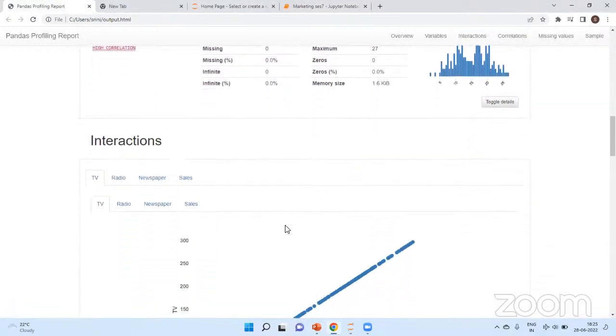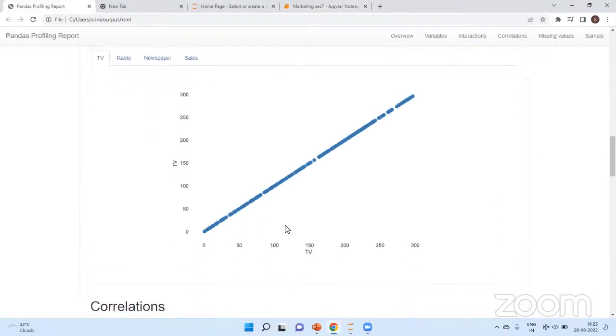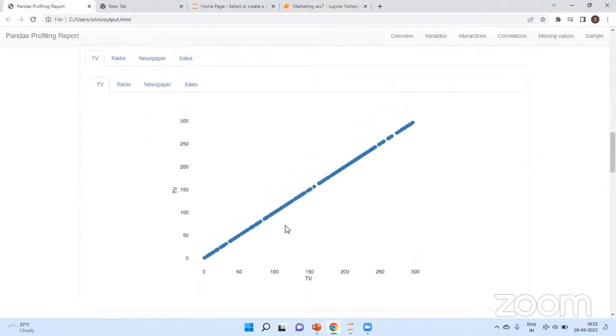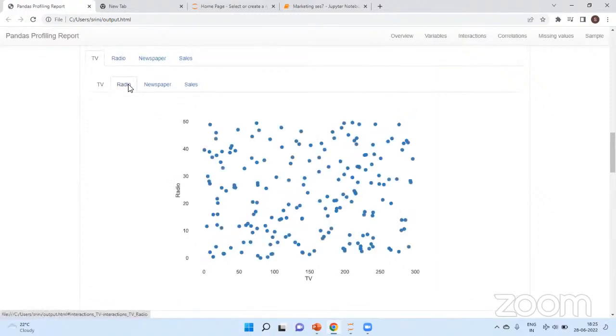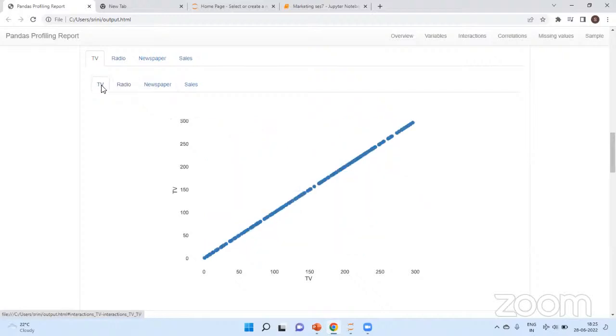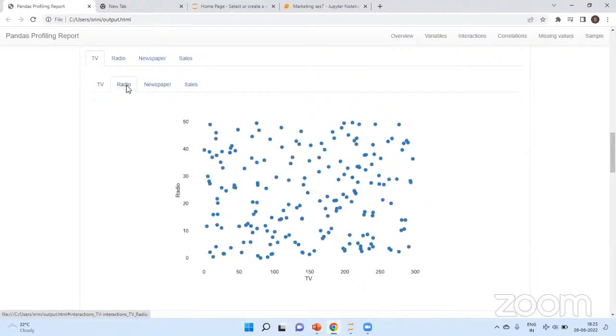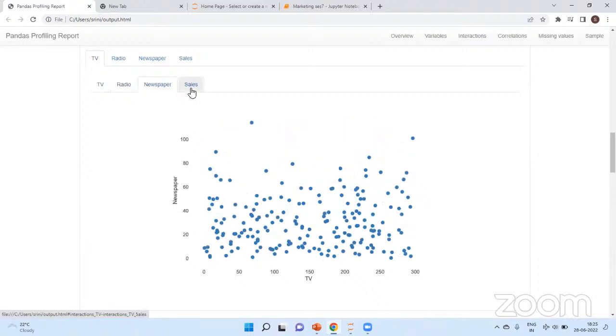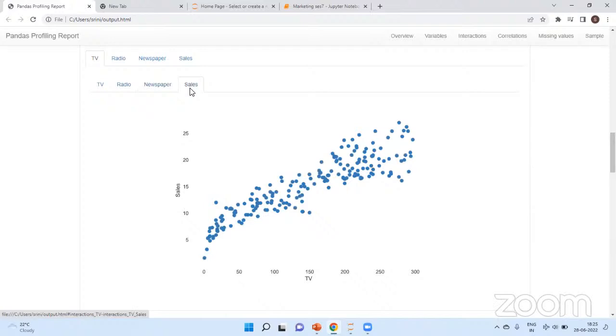Next, interactions. With respect to TV and TV, radio with respect to TV, newspaper with respect to TV, sales with respect to TV.